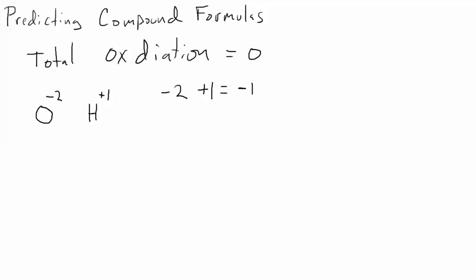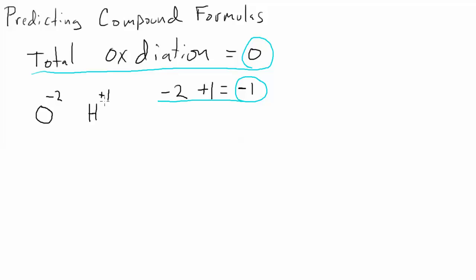And as we said before, we want our total oxidation to equal 0. And right now our total oxidation equals -1. So that's a problem. So how are we going to get the total oxidation to equal 0 if the oxidation of the two elements doesn't equal 0?